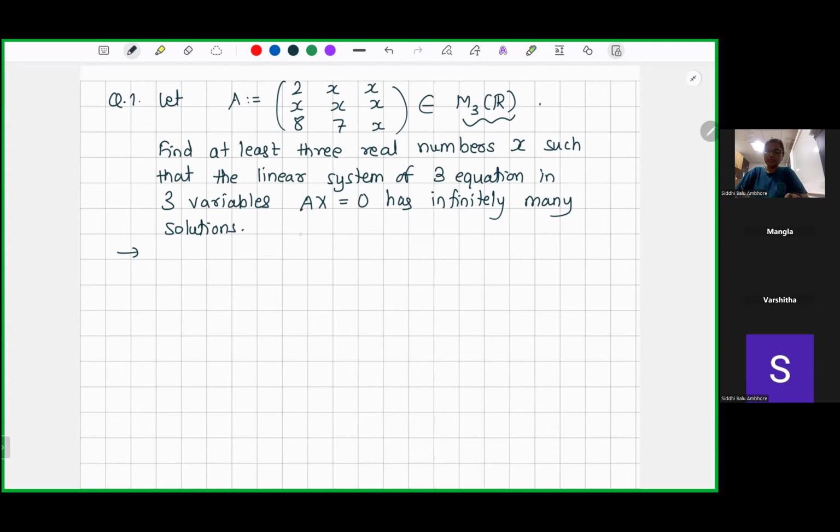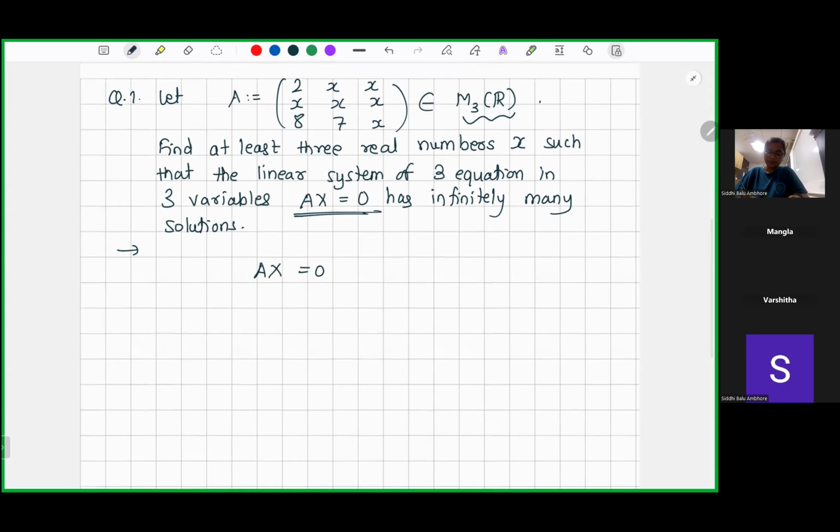When we write this Ax is equal to 0, what does it mean? It means this is the matrix 2x, x, x, and this X matrix here is x1, x2, x3, equal to 0, 0, 0.